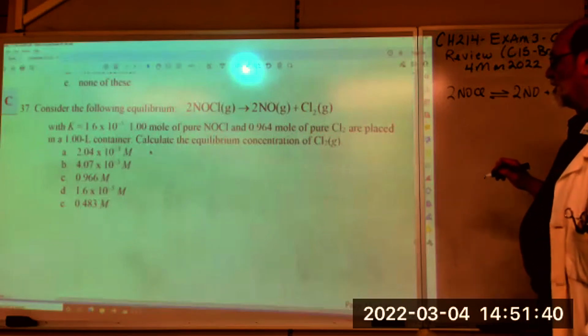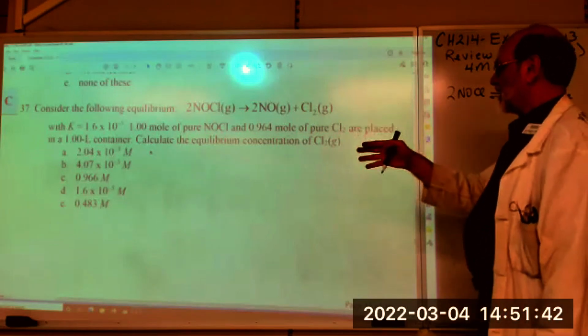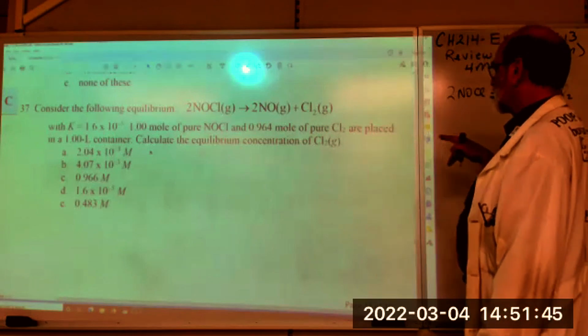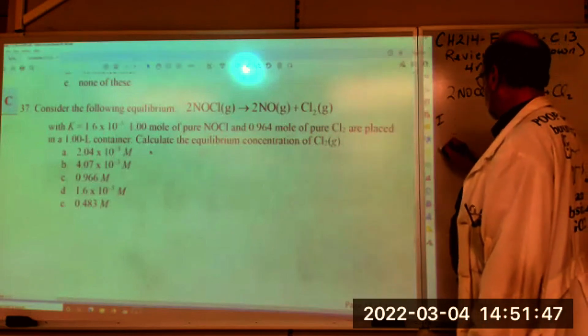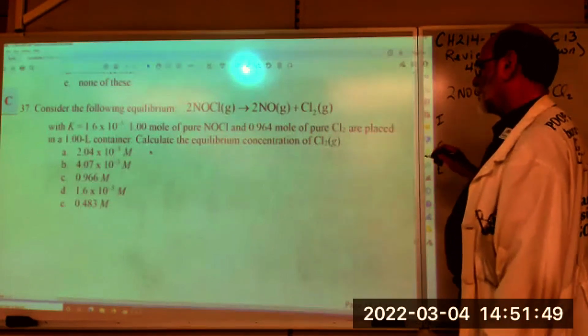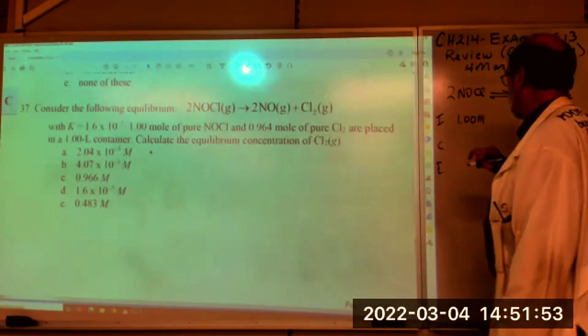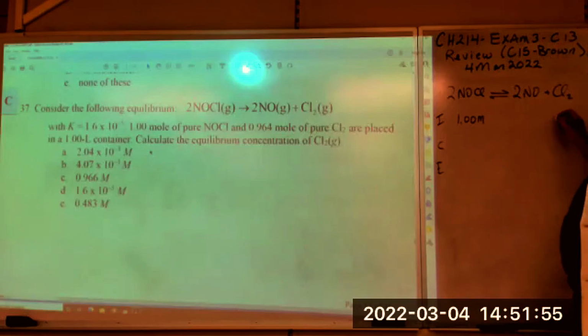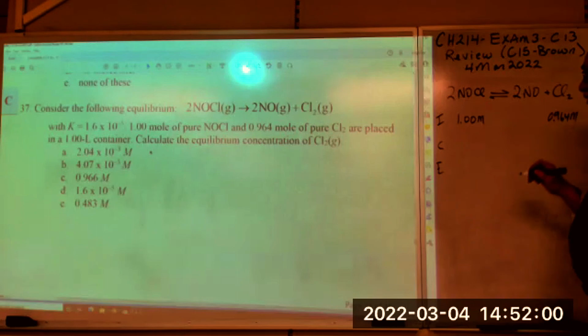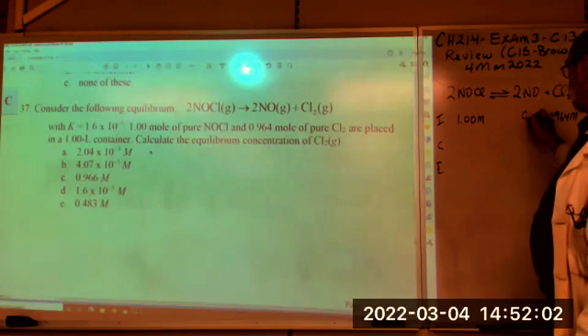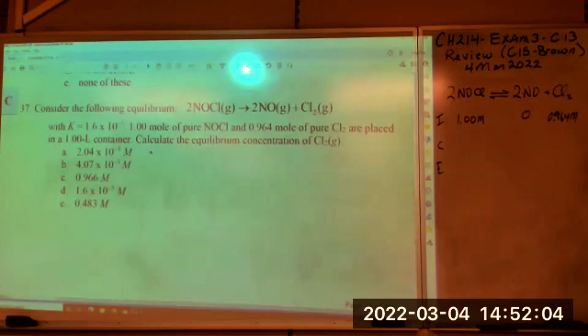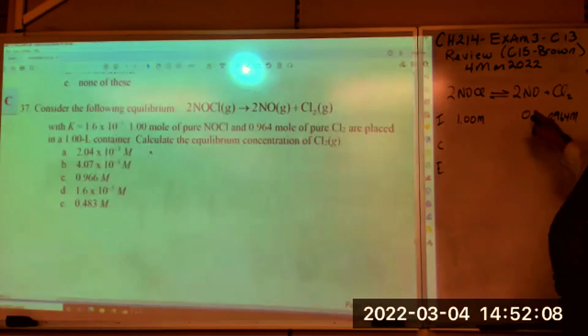Like that. And a K value, 1 mole of pure NOCl initial, in a 1-liter container. So this is 1 molar. And we also start off with 0.964 molar chlorine gas with none of that. Okay? So that tells you which direction it's going. There's nothing here, so it has to go to the right.